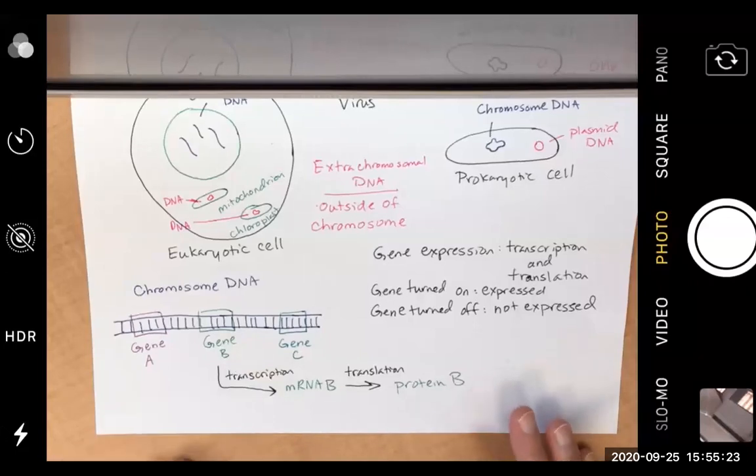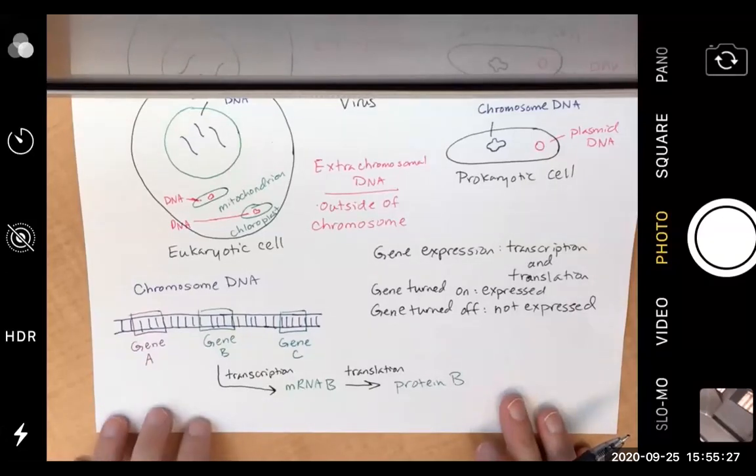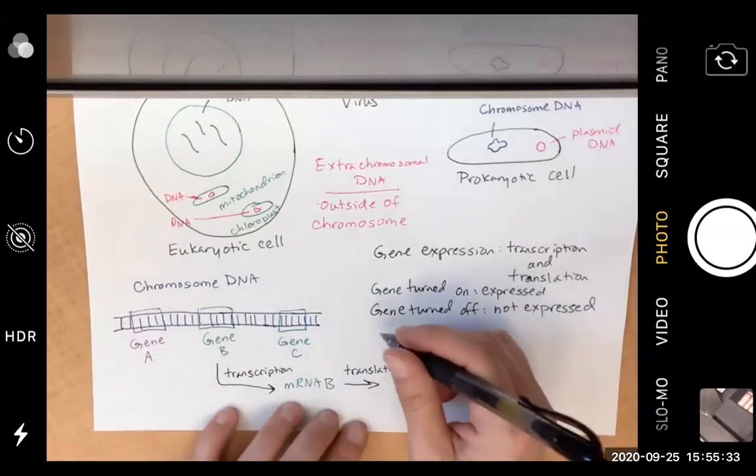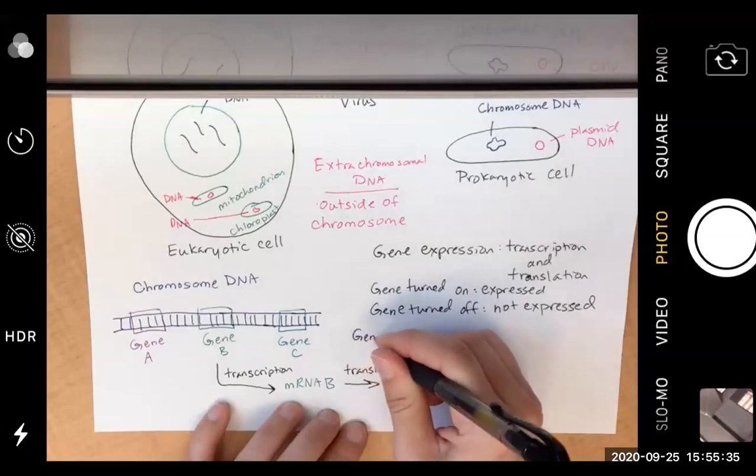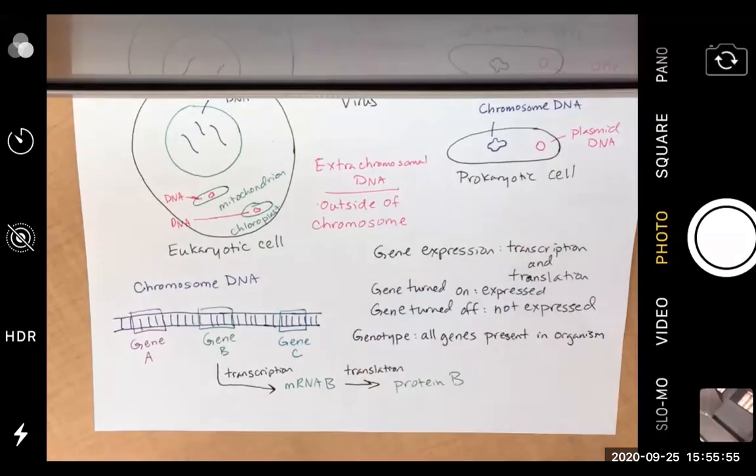Another way to talk about the genes that are found in a genome is to talk about the genotype. A genotype is just all of the genes that are present in an organism. And together, all of these genes being turned on or turned off and creating their various protein products are going to create what is called the phenotype.